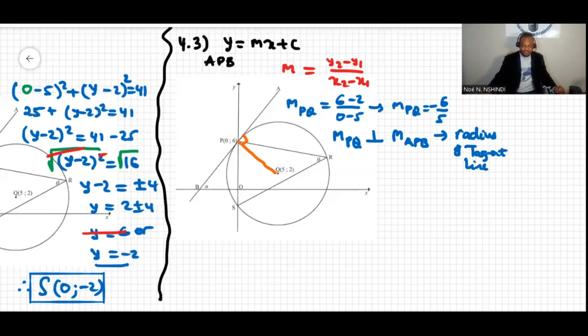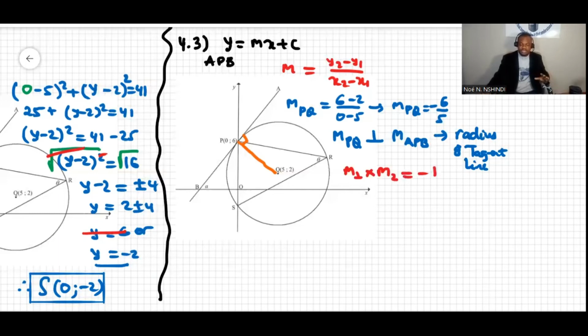Now, we know the condition: two lines are perpendicular if the product of their gradients is equal to -1. So m1 times m2 equals -1 if they are perpendicular.